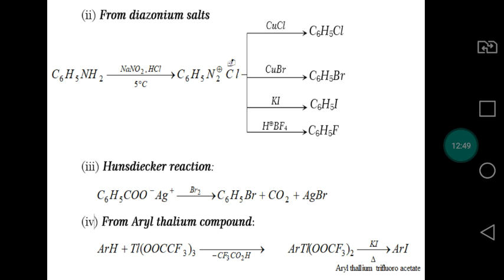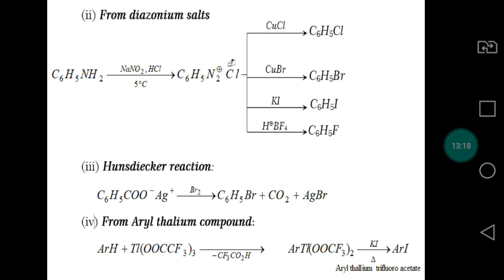To get fluorobenzene, there is a specific name reaction known as the Balz-Schiemann reaction, in which we add HBF4 to benzene diazonium chloride, and we get fluorobenzene. If instead of CuCl and CuBr we just use Cu metal and chlorine or bromine, the same reaction is known as the Gattermann reaction and the product will be the same.